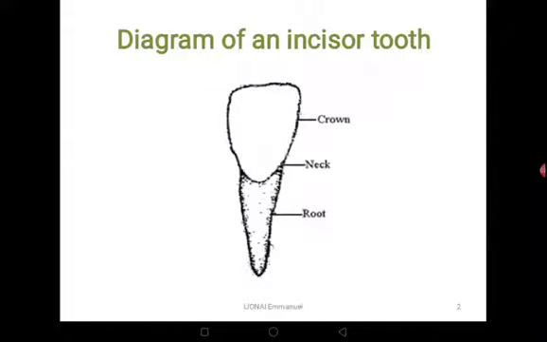As you can see there, the incisor tooth contains the crown and the root, so you can see clearly the shape of the incisor tooth.